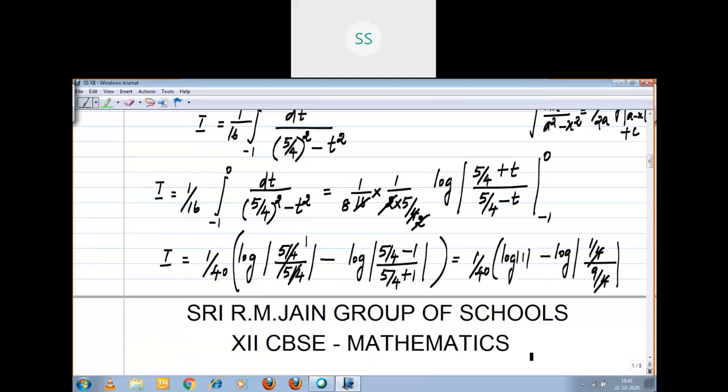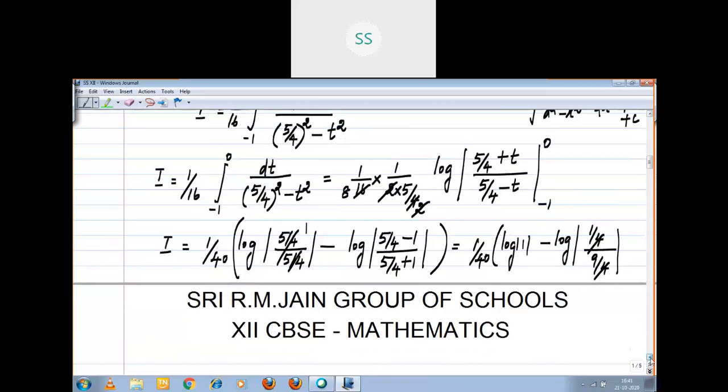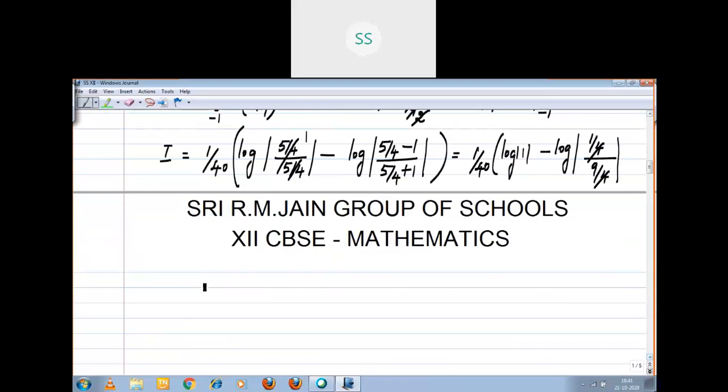Then I equals 1 by 40 into log 1 minus log 1 by 9.